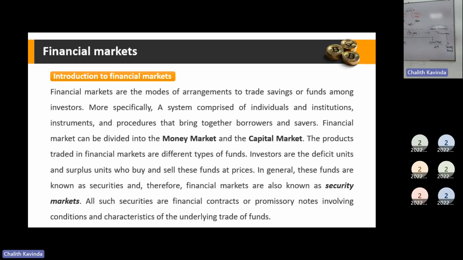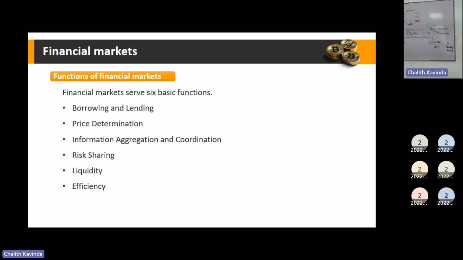Right, okay, fine. So again, this is a theoretical topic. Now these are the functions of a financial market.